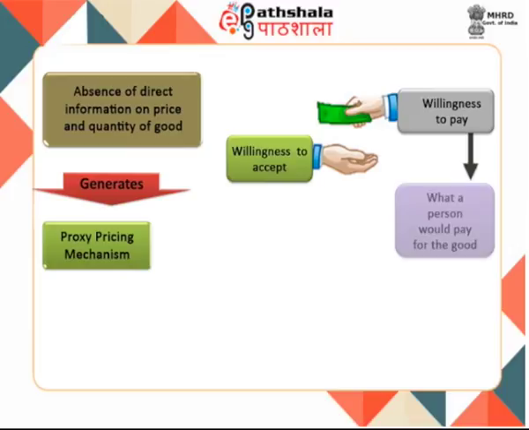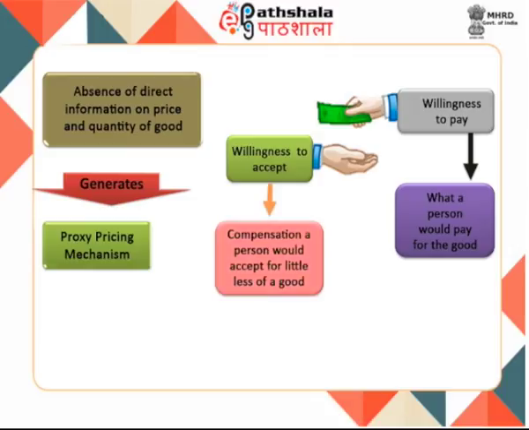WTP refers to what a person would pay for a particular environmental good, whereas WTA indicates the amount a person would accept as compensation for a little less of the environmental good. Apart from these concepts, marginal willingness to pay (MWTP) or marginal willingness to accept compensation (MWTA) are the corresponding concepts used to arrive at the demand curve for the environmental good.